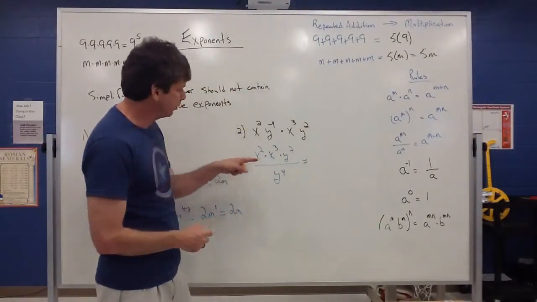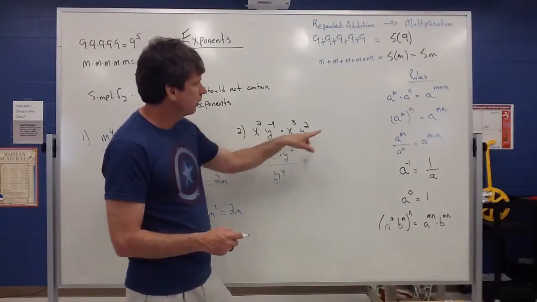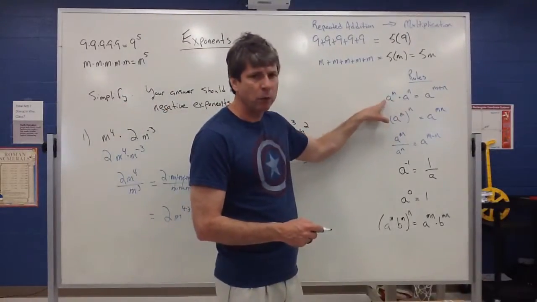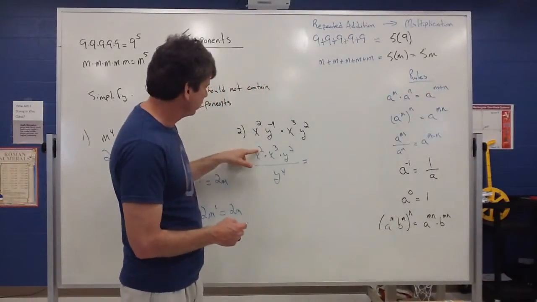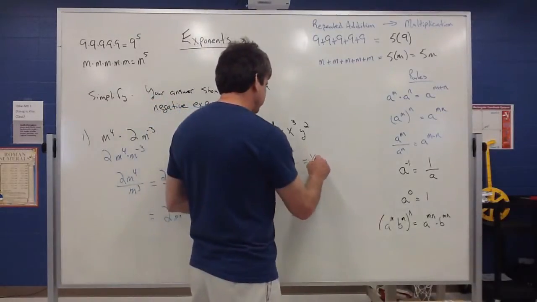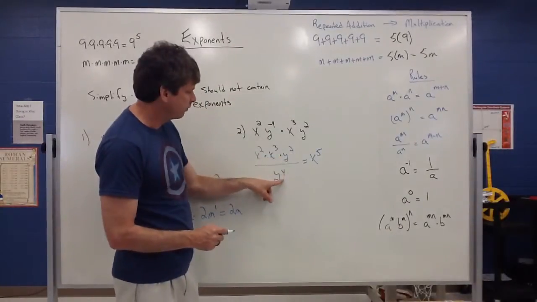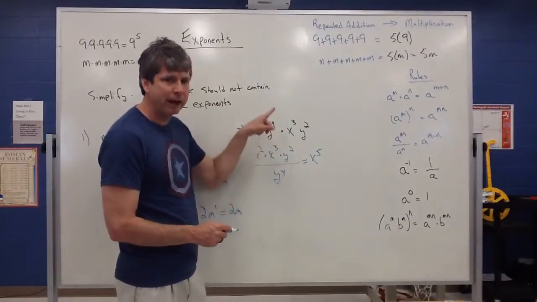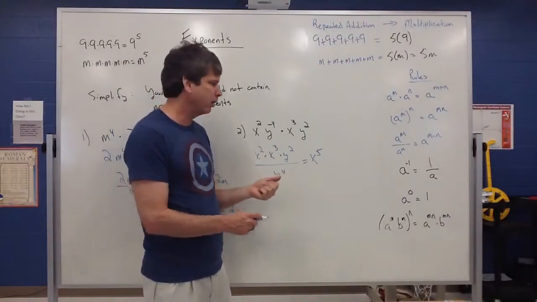So to pick up on it and simplify this, x squared times x to the third, that meets this condition. If you're multiplying, you can simplify that by simply adding those exponents together. So that's going to be 2 plus 3, which is going to be x to the fifth. And here I have 2 y's on the top and 4 y's on the bottom, so I'm going to be dividing out, taking away. And I'm picking up, I have more y's on the bottom than on the top.